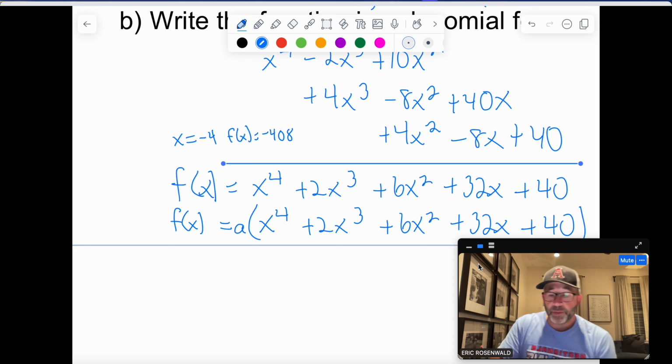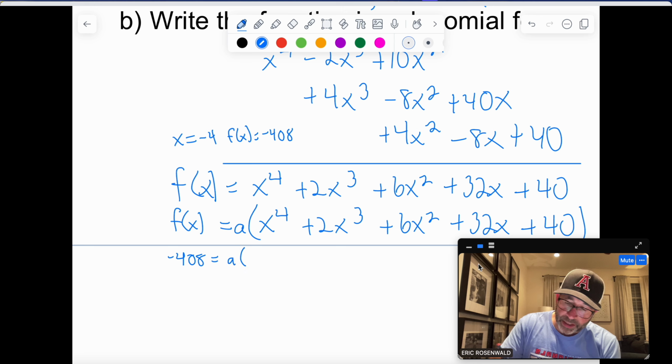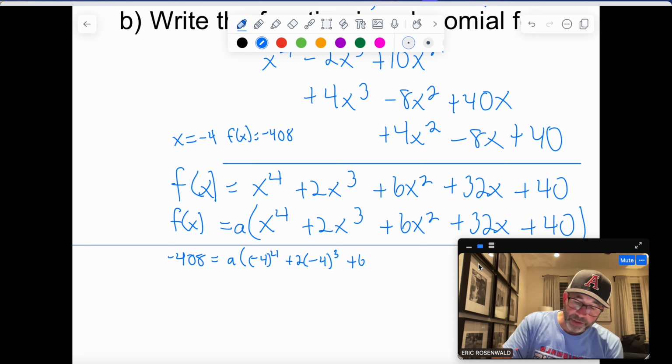Okay, so let's plug this in. -408 is equal to a times, this will be -4 to the 4th power, plus 2 times -4 to the 3rd power, plus 6 times -4 to the 2nd power, plus 32 times -4, plus 40.